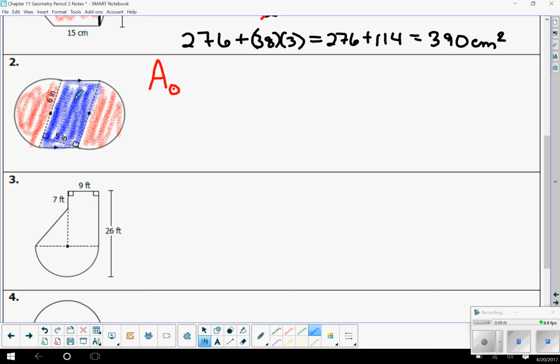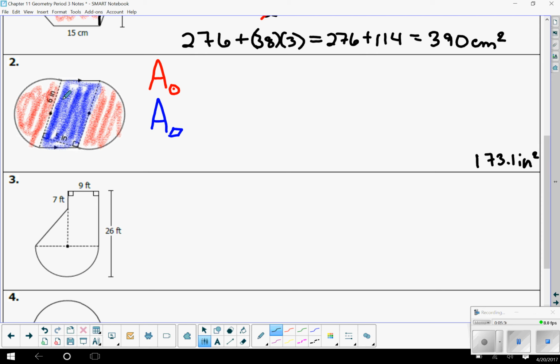It's a parallelogram. You get a parallelogram, and then add those together. When you add those together, you're going to get 173.1 inches squared.